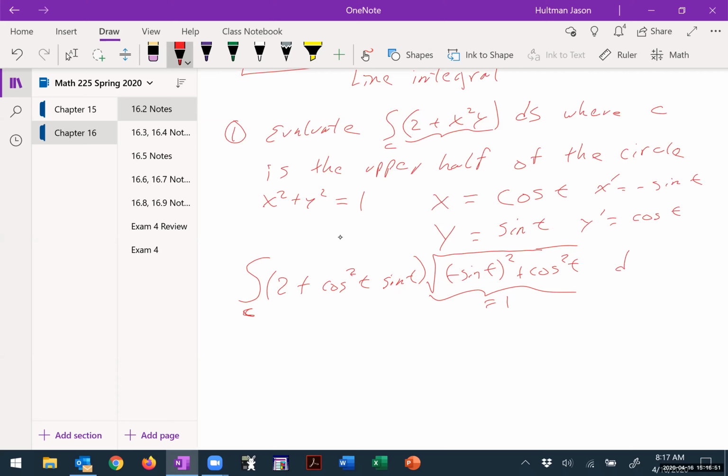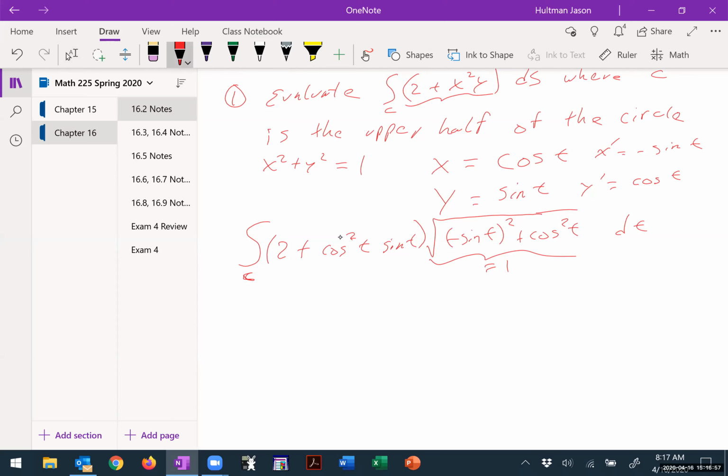Now all I have to do is figure out my limits of integration. Well, this says that this thing is going to be over the upper half circle. So where would I start and where would I end? Again, think of t as theta.